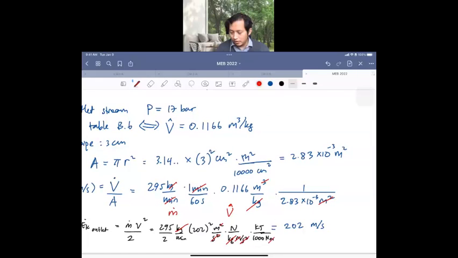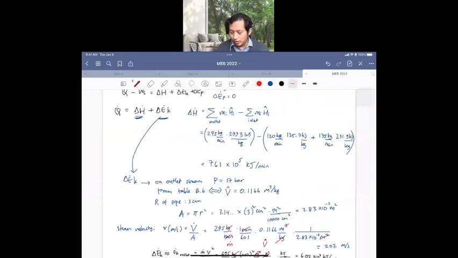So this will be equal to 6.02. Now from here, we get the kinetics.